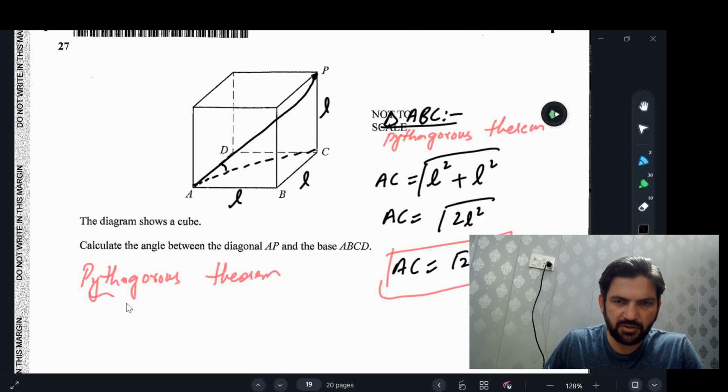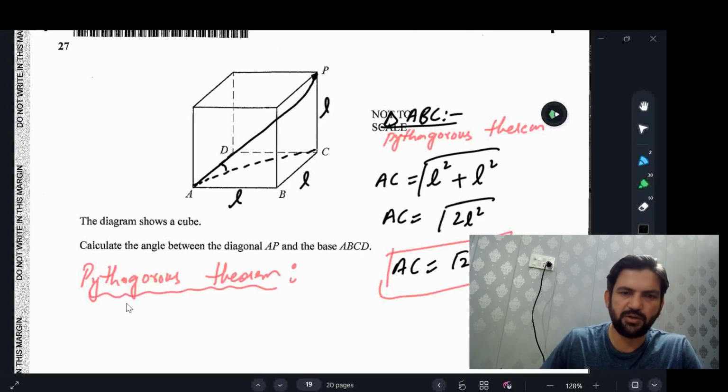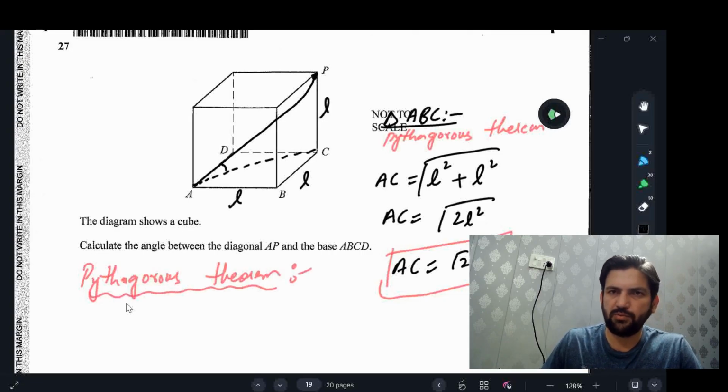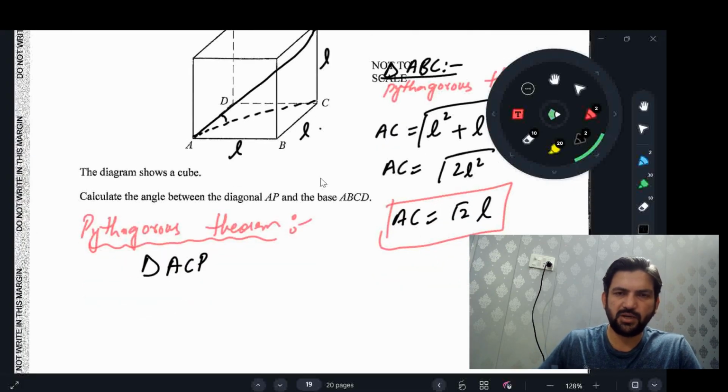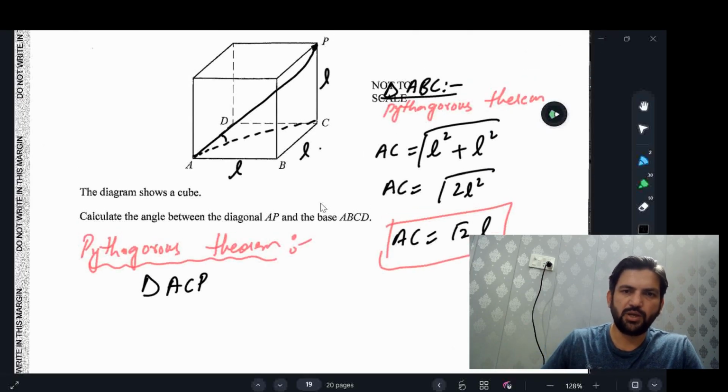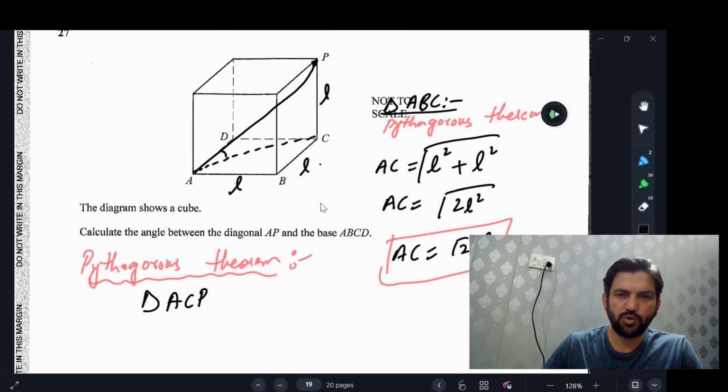If you have any question, please do ask it in the comment section. Now on triangle ACP, no need to use the Pythagoras theorem, by the way.